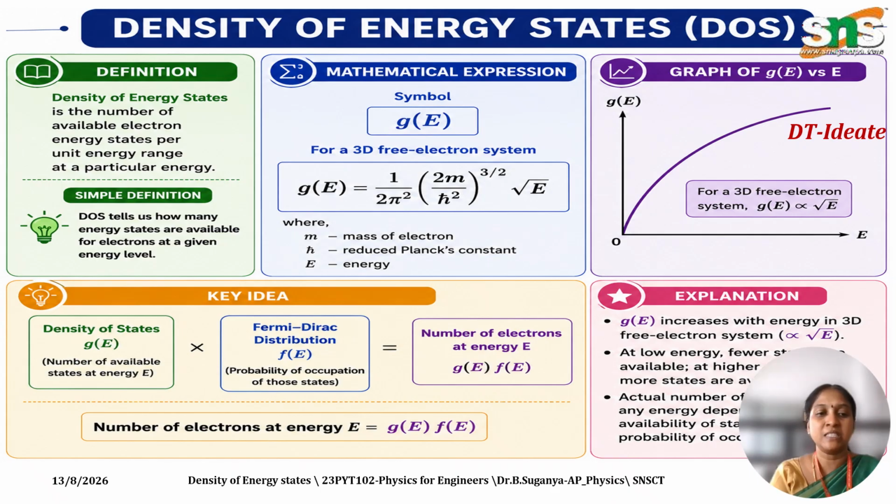So what is G(E)? G(E) is the density of states. So we can find the number of electrons at energy E as the product of density of states into the Fermi-Dirac distribution.